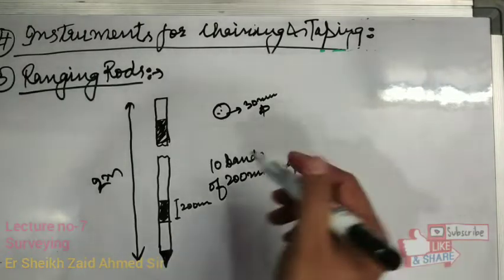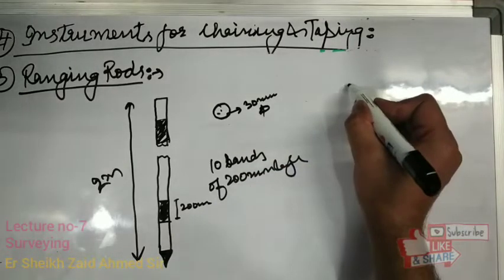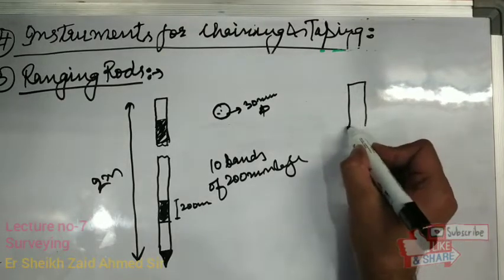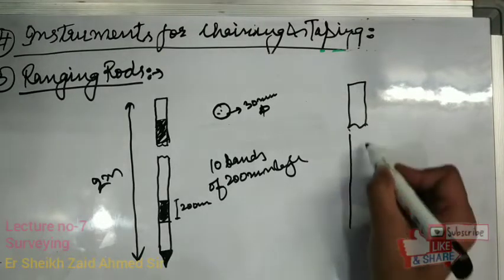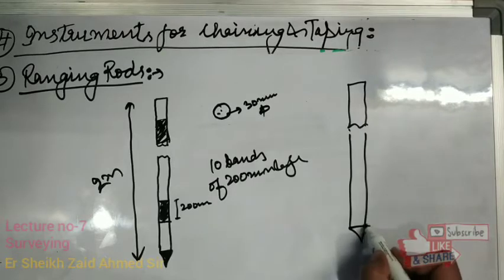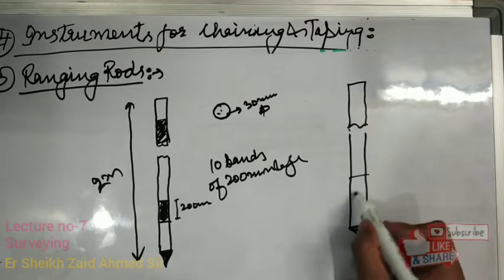Now another one is 3 meter long. If I make a 3 meter long rod, the shape will be the same, but just the length will be more. It will also have bands.